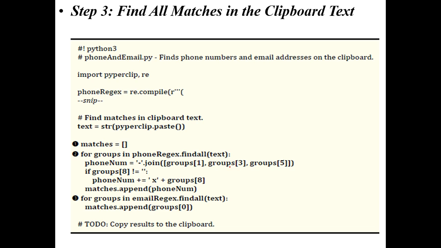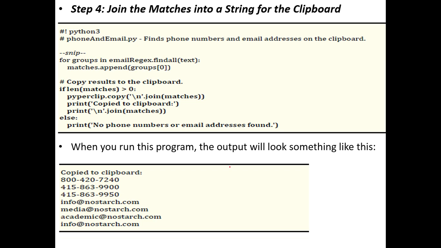After this, now we have to join the matches into a string for the clipboard. Already it has extracted a few email addresses and phone numbers as a list of strings in matches.